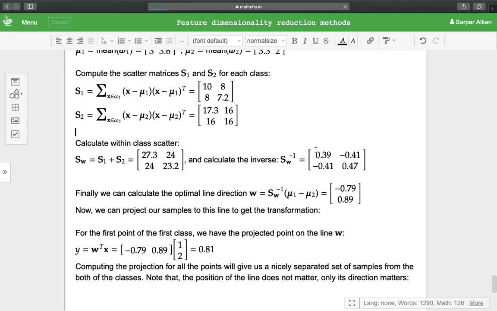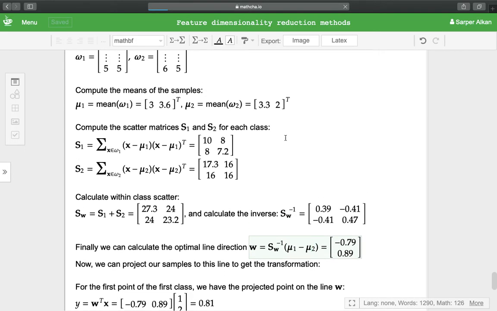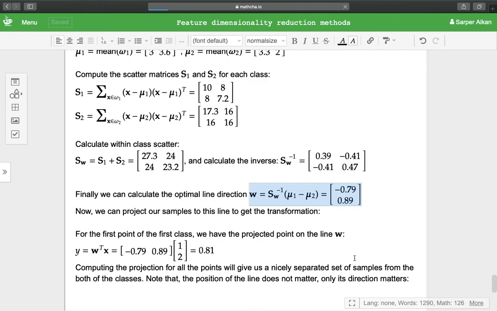And when we take the inverse of it, we get this. Finally, we can calculate the optimal projection, optimal line direction. That's easy. Just multiply this with mu1 minus mu2. We already calculated those here. And we achieve our projection line.